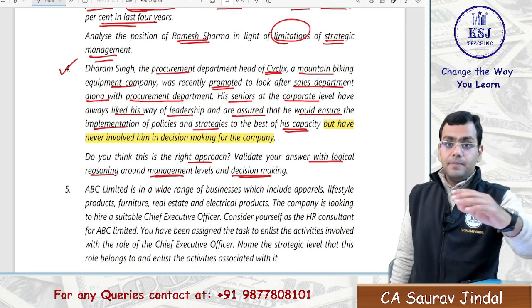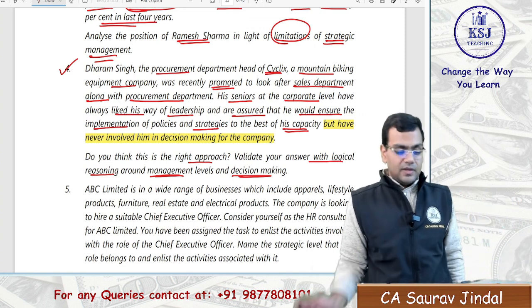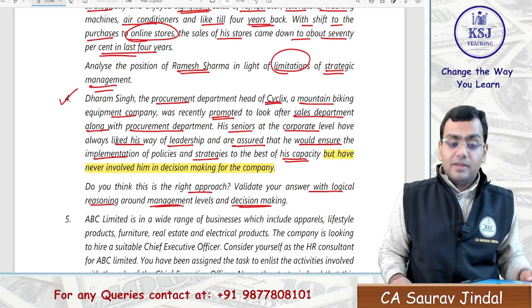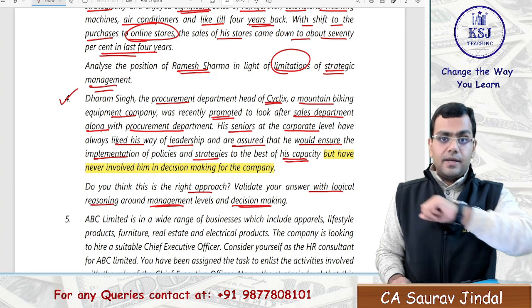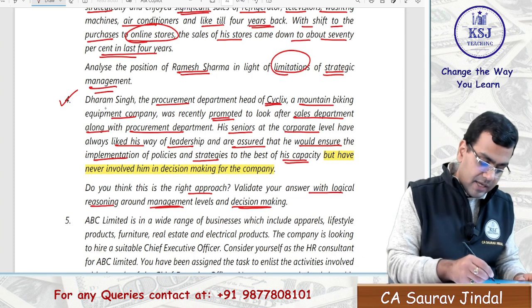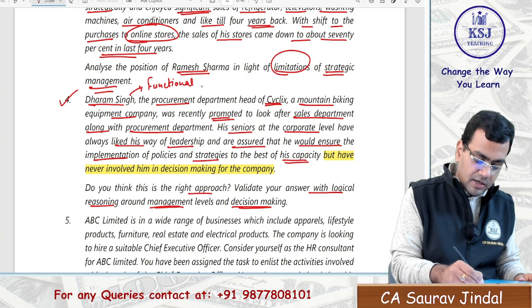Obviously no. Business level or the functional level? Sir, he is a functional level head, right? Because this procurement department of Cyclics is what? It is a business unit, right? Procurement head, then sales department head. This Dharam Singh person is a functional manager.